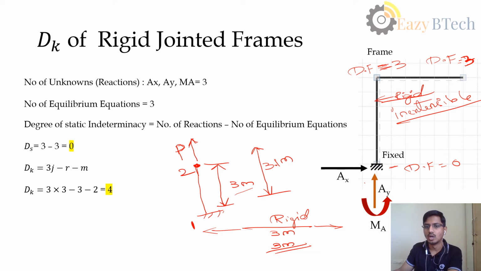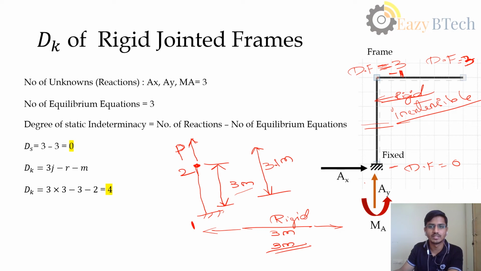And now if we do that, since this is a free node with no support condition, we assume that it won't displace in the vertical direction, because it is connected to this beam. So it acts like a simple support. Similarly, the beam won't rotate because it is rigid.